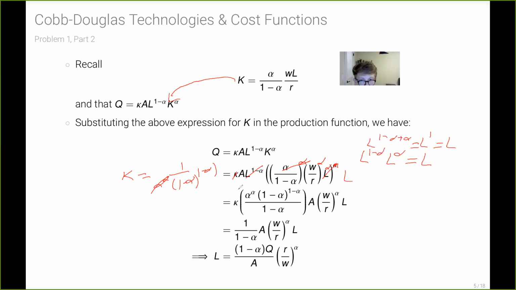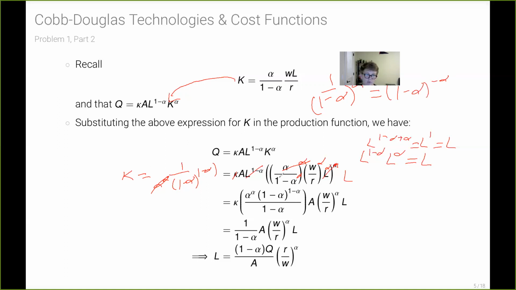So that's good. And then what I want to recall is that I have basically alpha still here. But notice that 1 minus alpha all raised to the alpha is the same as 1 minus alpha to the negative alpha.